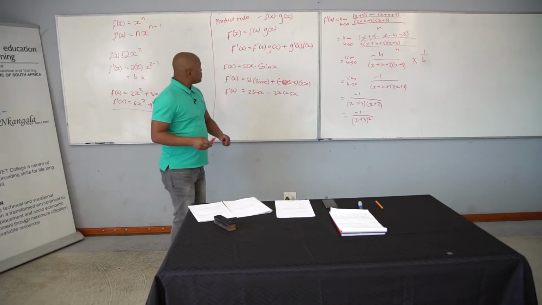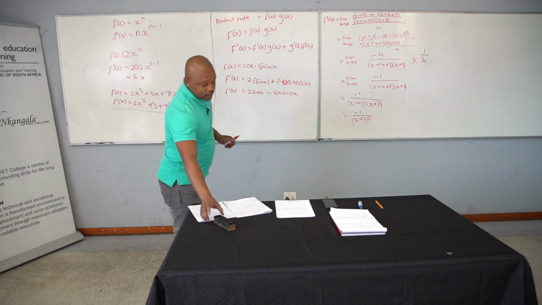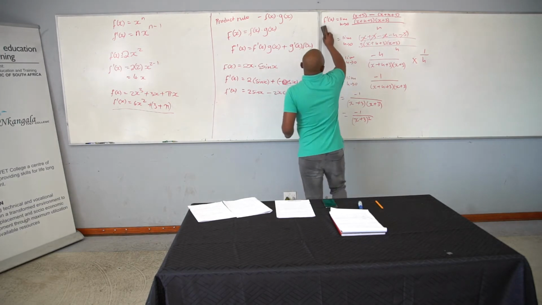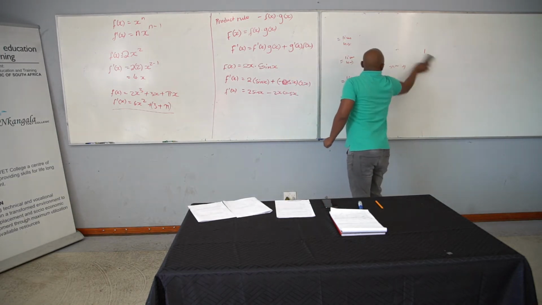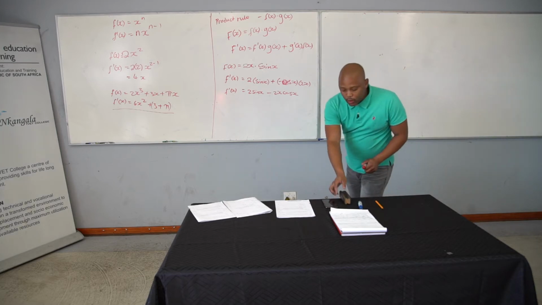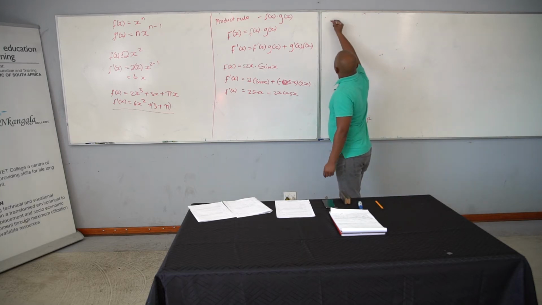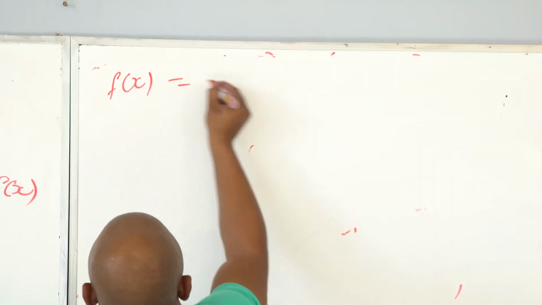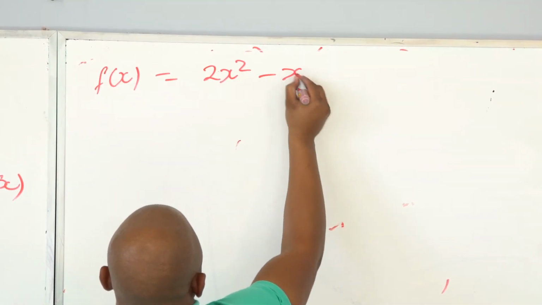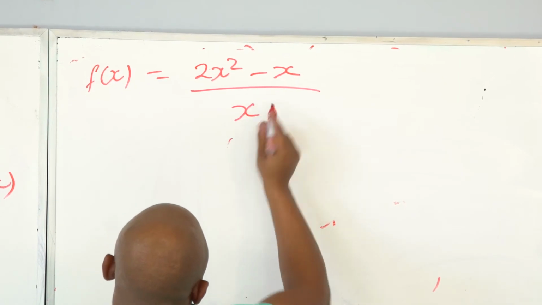We can also use what we call the quotient rule. So using the quotient rule, remember when you have something like f(x) equals 2x squared minus x, maybe divided by x.